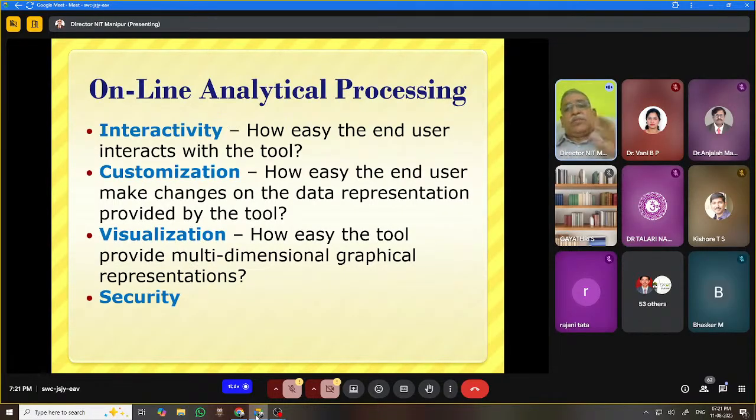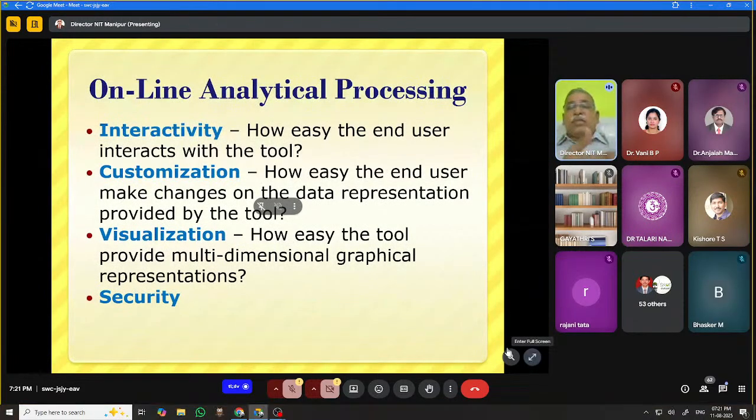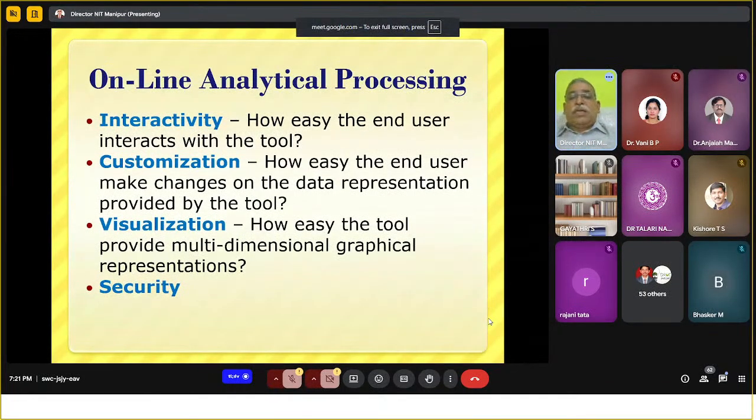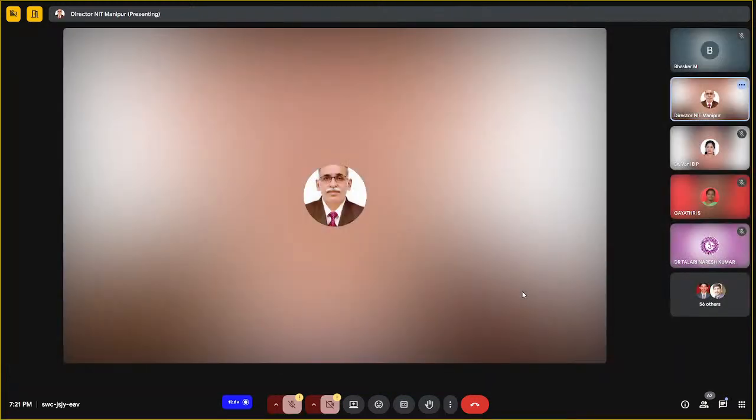Then customization: how easily the end user can make changes to the data representation provided by the tool. Suppose somebody has represented some data in some form. Can I transform the data into the way the end user, the customer, wants? That's called customization. Then visualization: how easily the tool provides graphical representations.